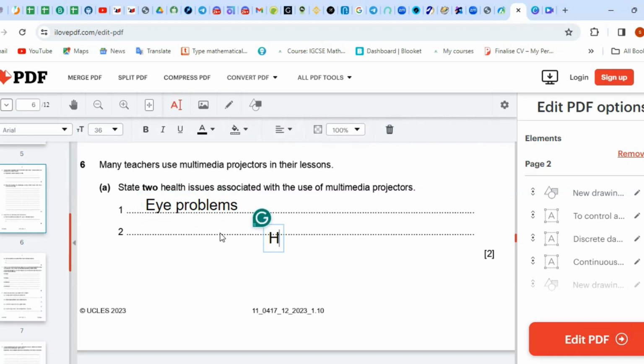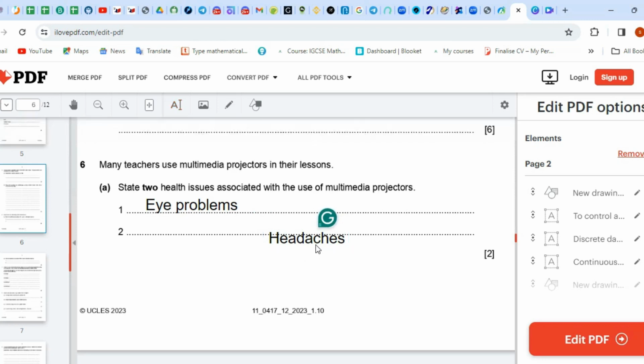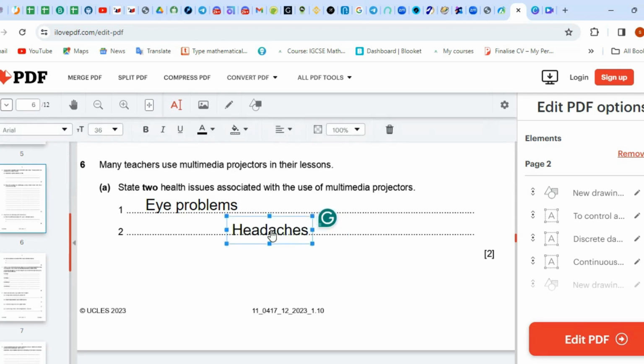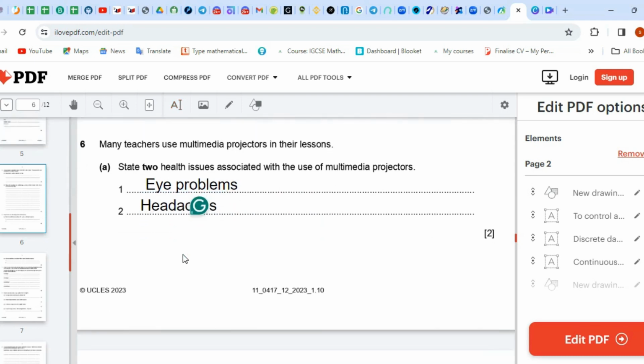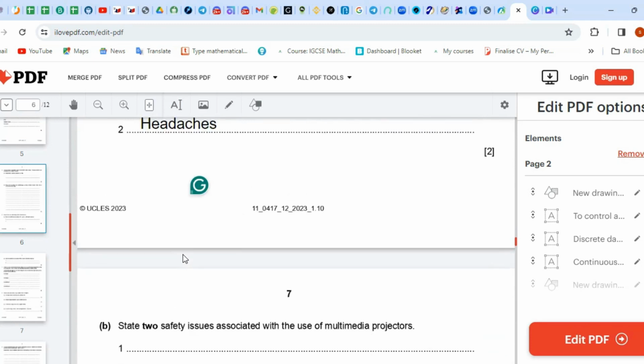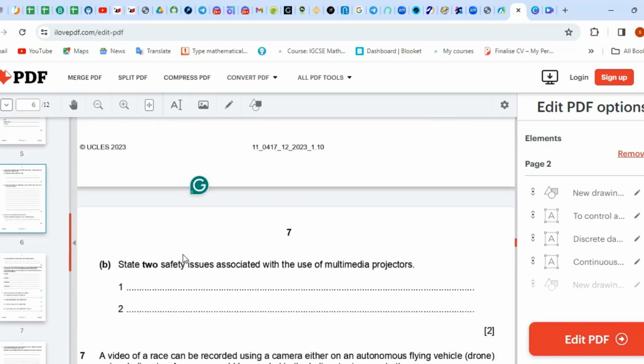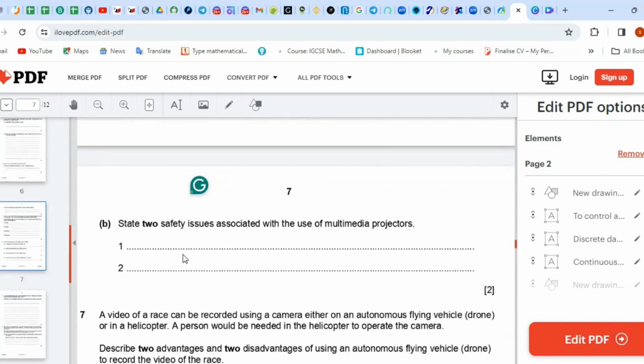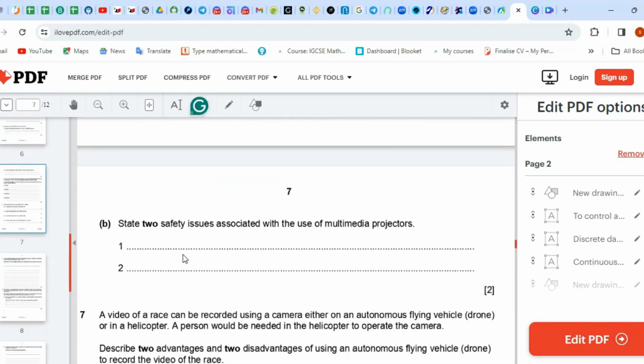Another one is what? So you have to list two, but you can also have burns. So those are the health issues associated with using a projector.